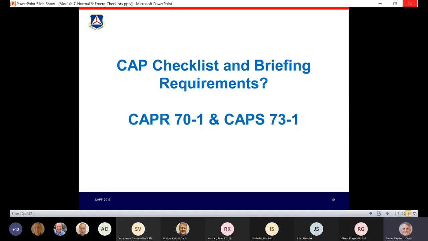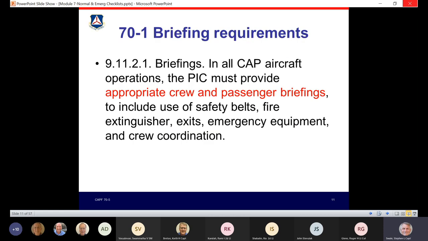So what does CAP say our checklist and briefing requirements are? The reference here is going to be CAP Regulation 70-1 and CAP Standard 73-1. I think both of those should have been homework. So what does 70-1 say about briefing requirements? It says that the PIC must provide appropriate crew and passenger briefings, and then it lists the items that are required in the briefing.